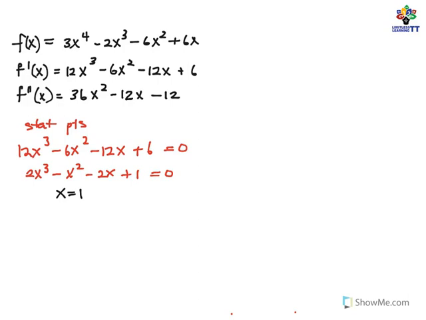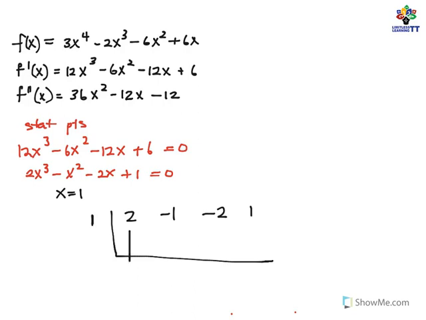If you don't know it, hey, you learned something new today, you can pick that up. So I'm going to draw like an upside down division sign, and basically I'm writing all the coefficients of my polynomial. So that's 2 for 2x cubed, negative 1 for minus x squared, minus 2 for the x value, and 1 for my constant. And I am putting my root, which is 1, on the outside.